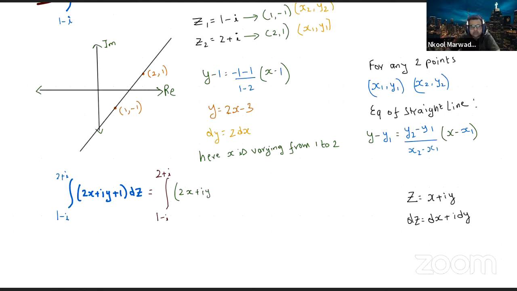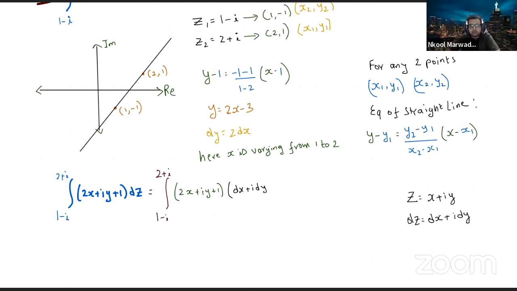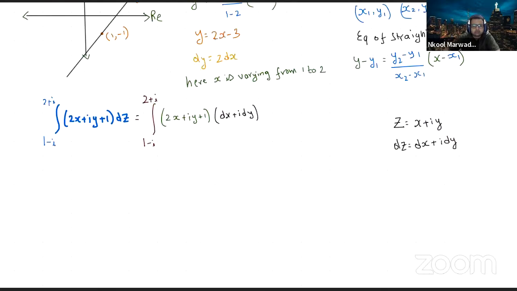Instead of dz, I can write dx plus i dy. Now what I can do is multiply it and simplify it, and it will become something like this.